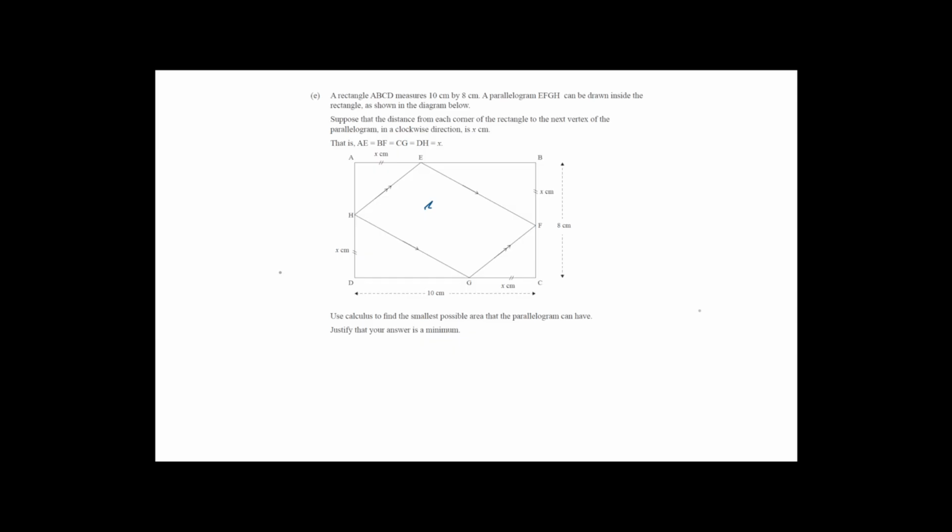Okay, so we need to turn this into some sort of function. So this whole rectangle is 8 centimeters by 10 centimeters, so it's 80 centimeters squared. Then I guess we can work out these areas here. That must be the same as this, is the same as this.